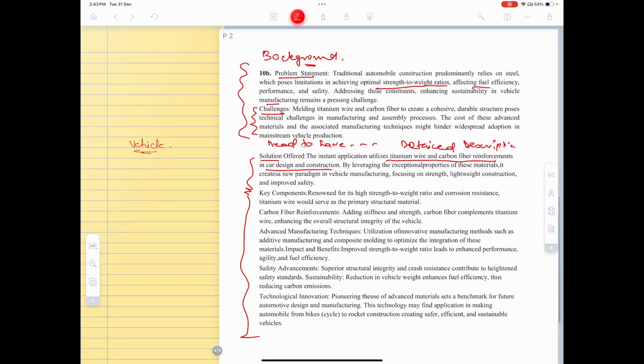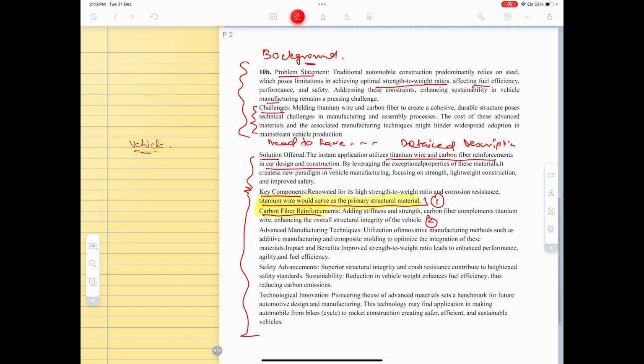How can you identify the claims over here? The claims are provided in this particular part, key components. So titanium wire being the primary material, and number two is the carbon fiber reinforcements. So we need to have this in our claims.